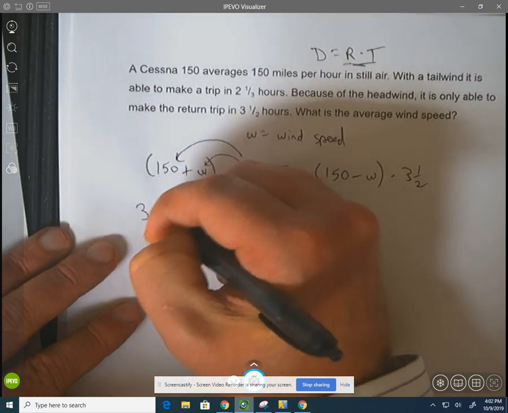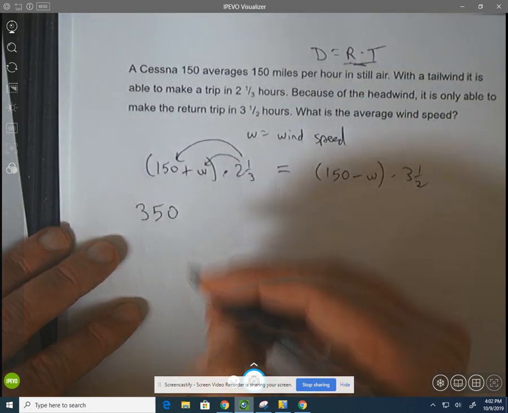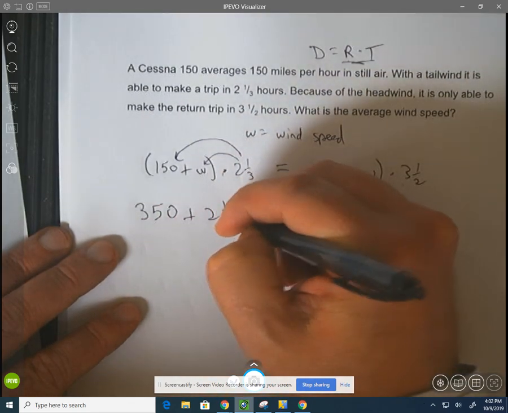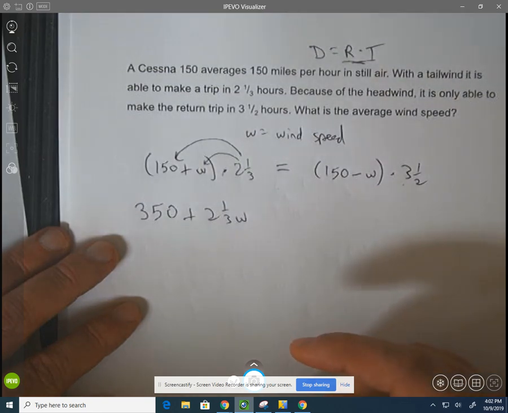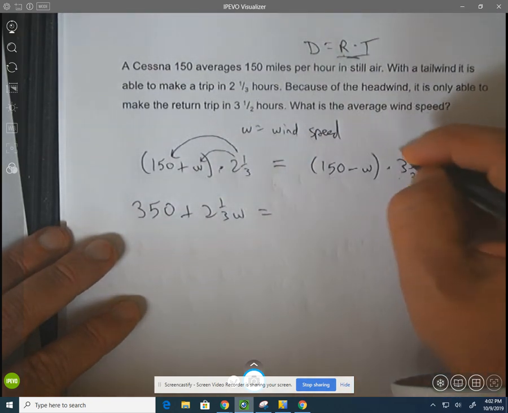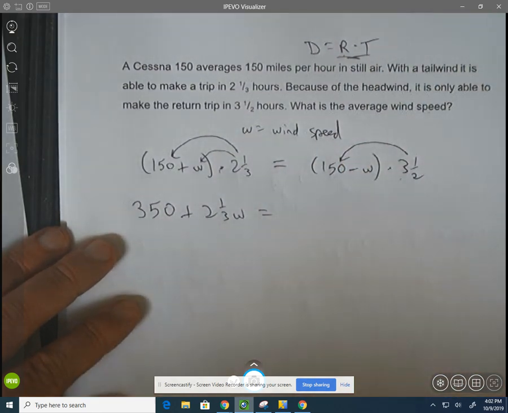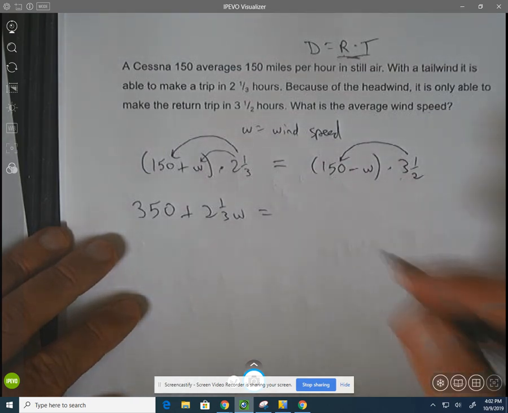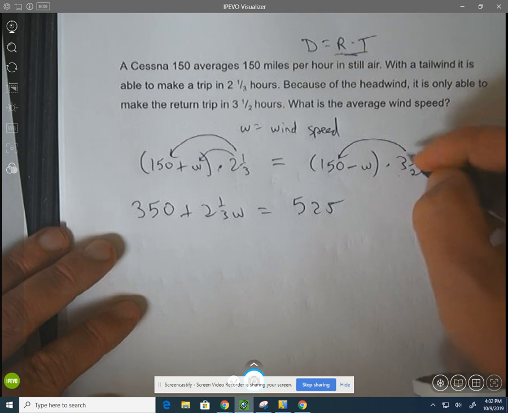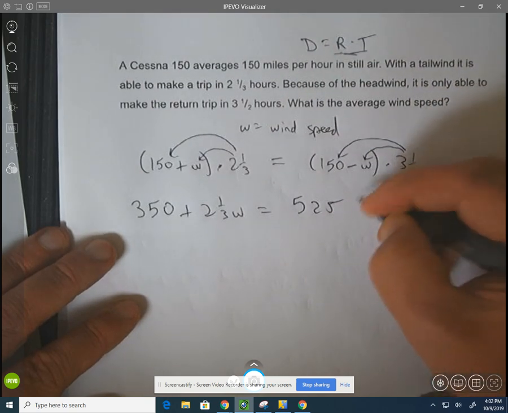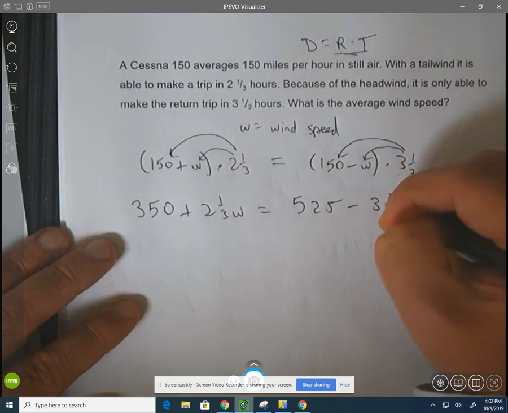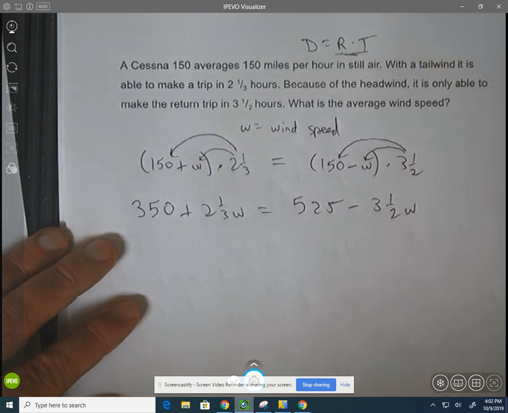So you can check that on your calculator, but I think that's 350 plus 2 1/3 W. And here, 3.5 times 150 is 525. 3.5 times negative W, or minus W, is negative 3.5 W.